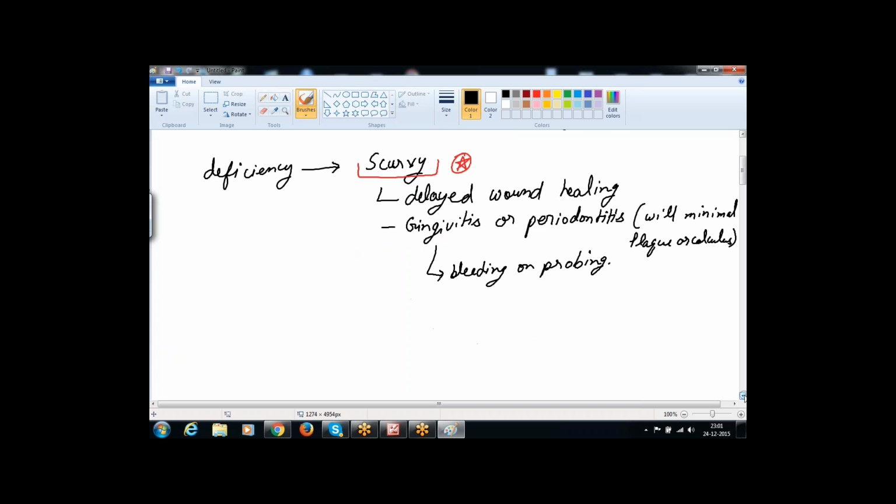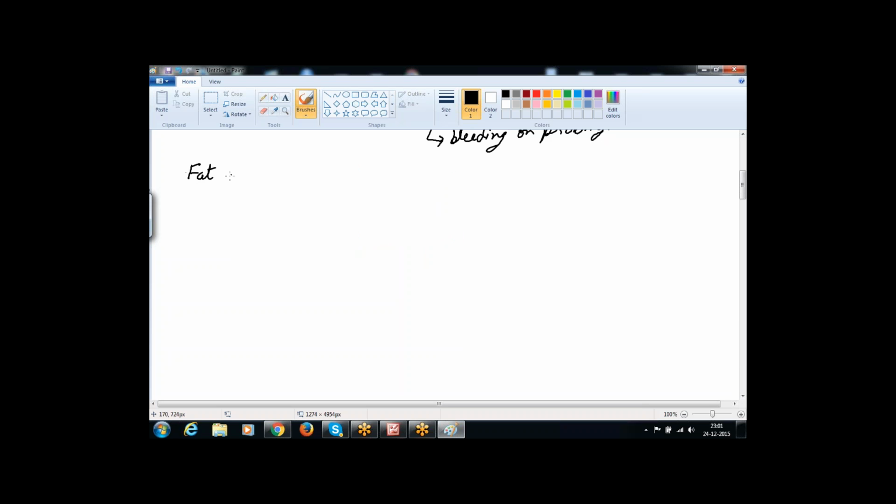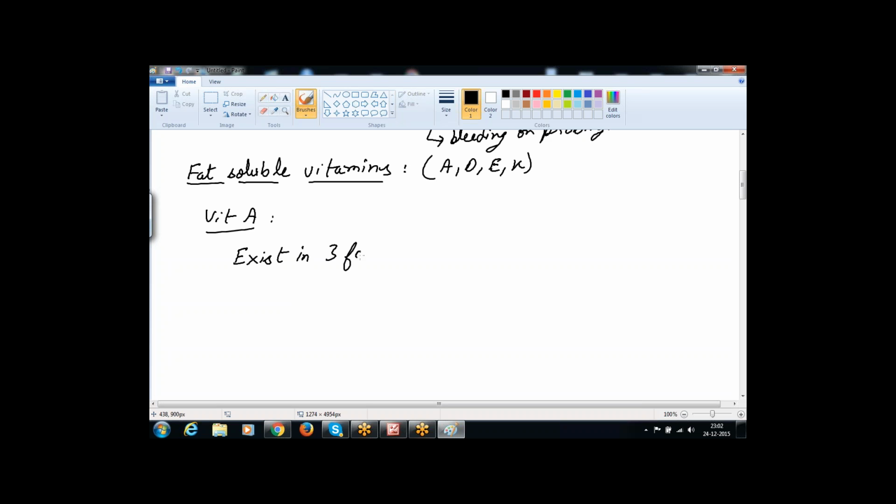Next, coming to fat-soluble vitamins. They were vitamin A, D, E, and K. So first we start with vitamin A. It exists in three forms: retinol, retinal, and retinoic acid.